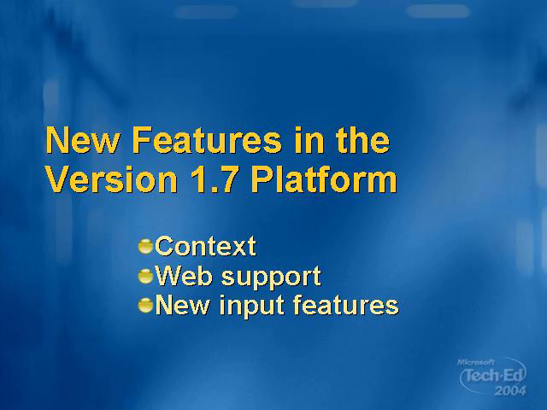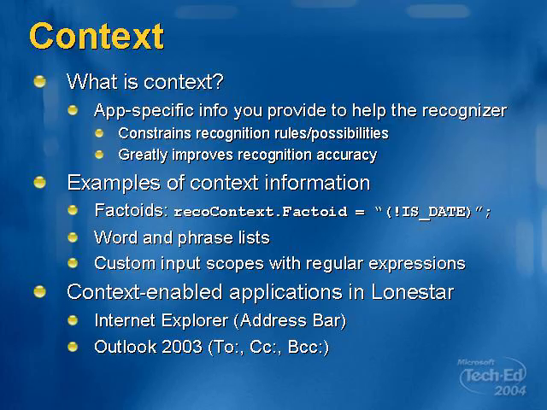Okay, let's talk about some of the new features in version 1.7 of the platform that ships this summer with Windows XP Tablet PC Edition 2005, which ships with SP2. One of the first major features that we are introducing with this release is known as context.